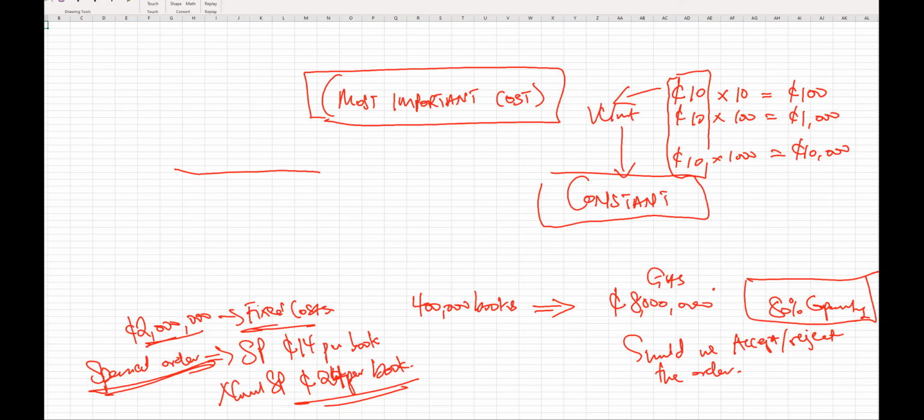I just want you to get used to how these things are examined in your exam. We'll look at all the different ways that they use cost behavior to trick you under exam conditions, right?